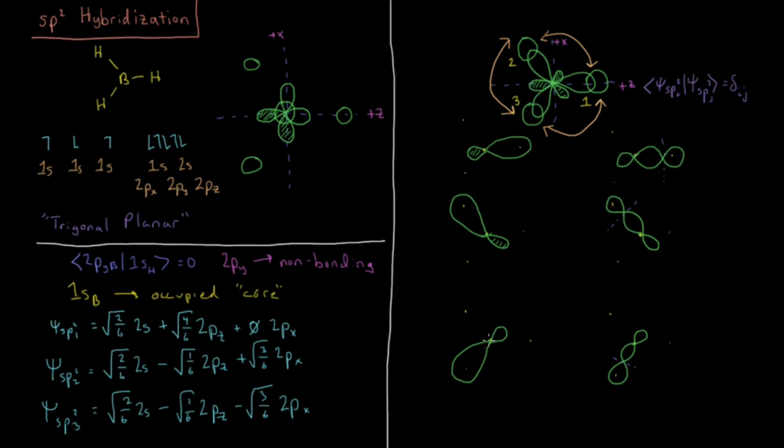And in the case where you have a negative linear combination, there's a node between the two nuclei, so there's a depletion of density between the nuclei, giving you an anti-bonding orbital. Same thing here and there between those nuclei, a depletion in our anti-bonding orbital.